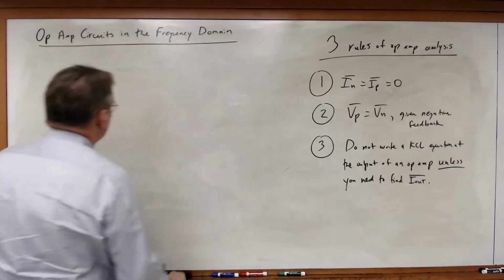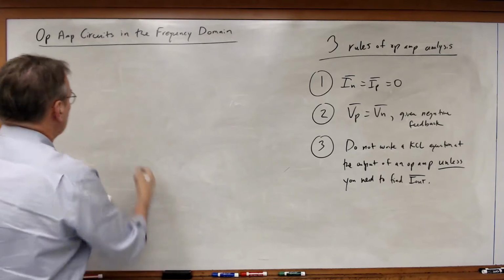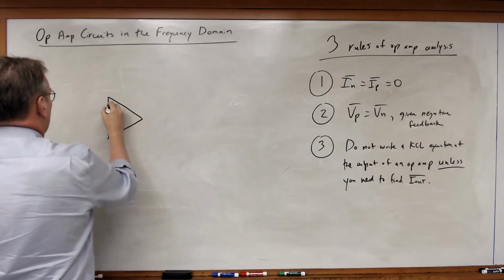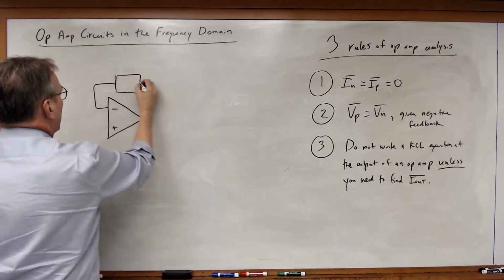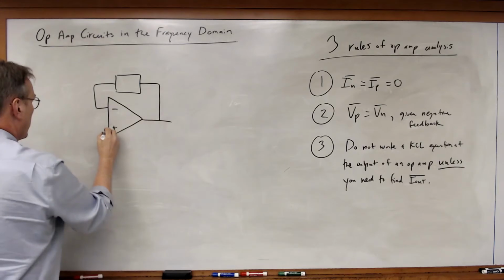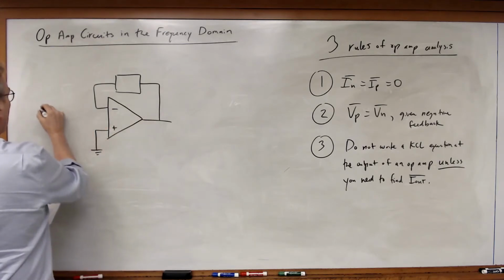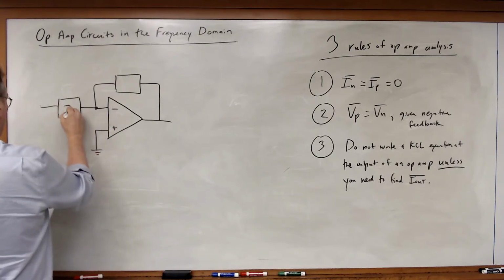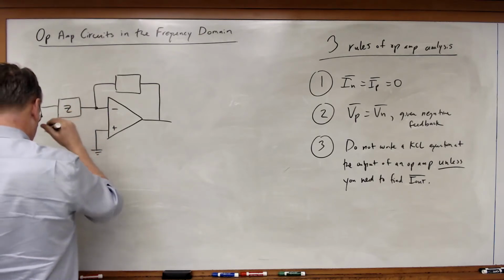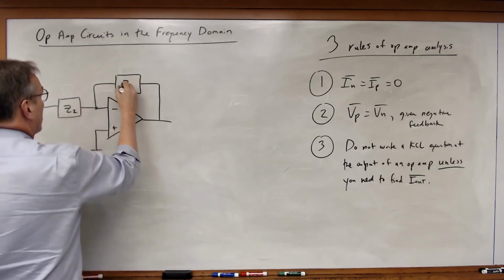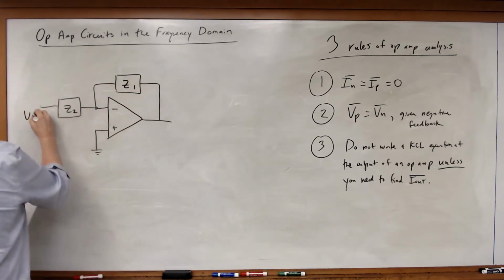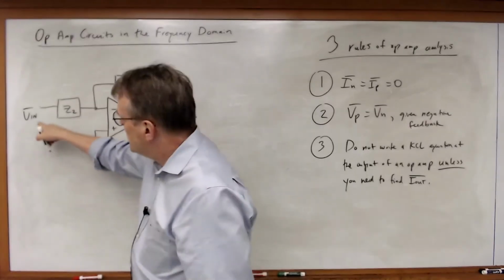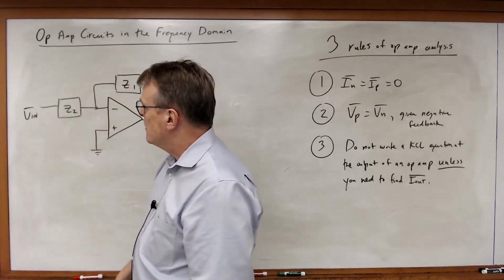Let's start with a configuration you're very familiar with. We've seen this before. So once again, we're assuming some source here is generating that Vn voltage.